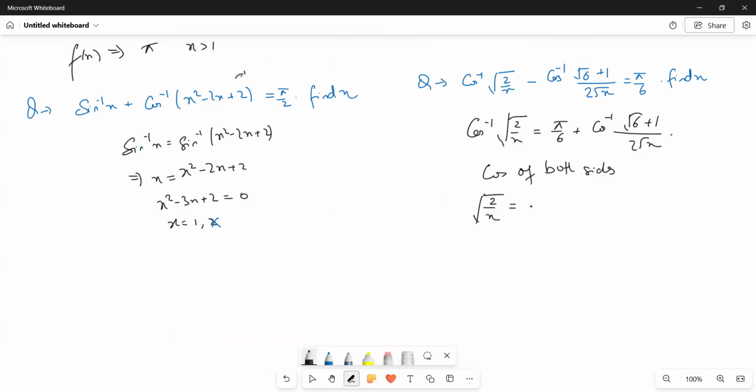Cos of A plus B will come, cos A cos B. So cos A cos pi by 6, cos 30 is root 3 by 2, into root 6 plus 1 by 2 root x, minus sin A sin B. So sin pi by 6 is half, and sin of cos inverse will come root over of 1 minus (root 6 plus 1 by 2 root x) whole square.